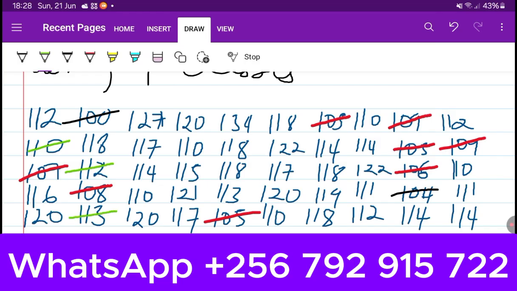This is 113. This is 114. This is 110. That is 115, we don't take it. 113 we take. 110, 111, 112, 114, 110.